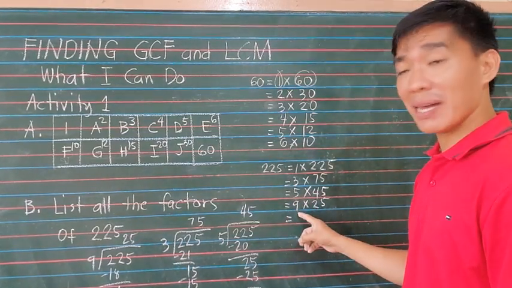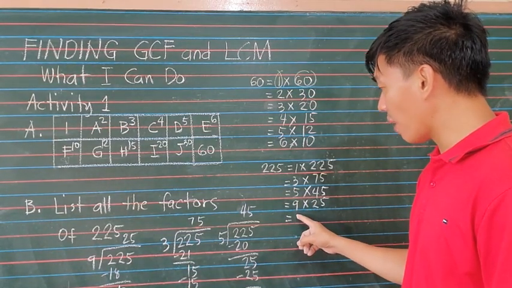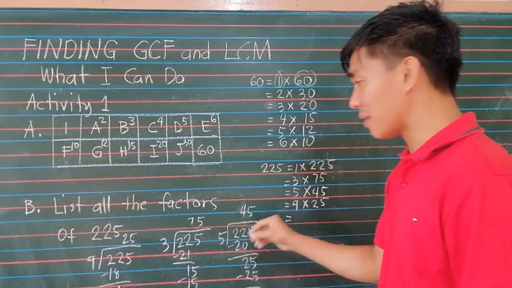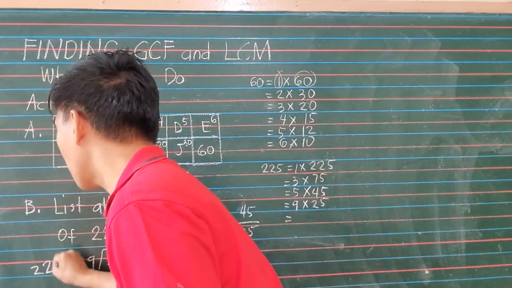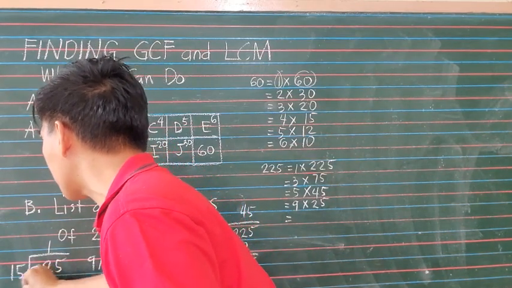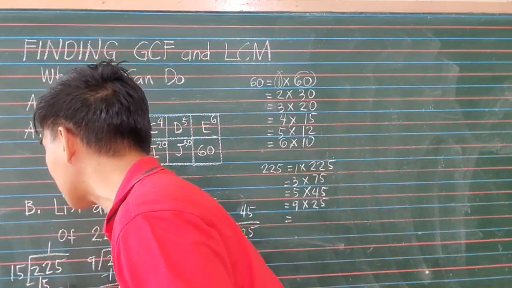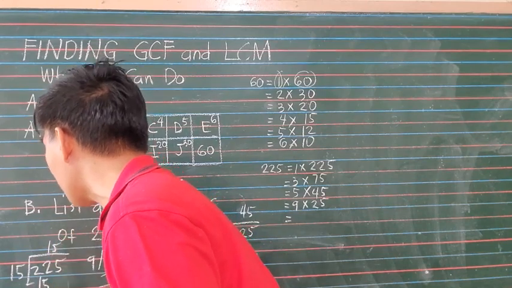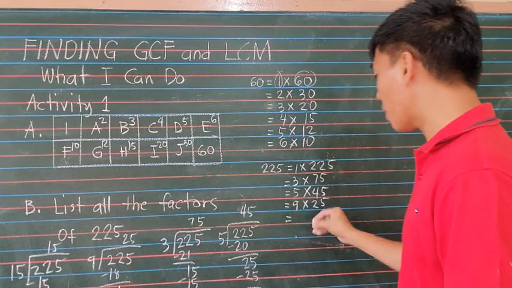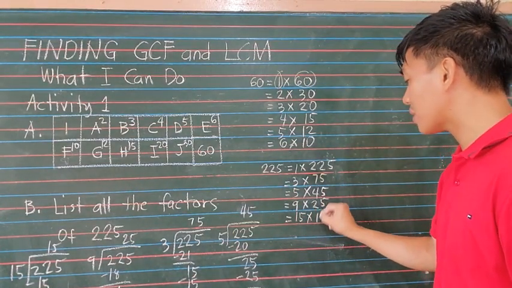Of course, not by 11, not by 12, 13, 14, and 15. I think this is divisible by 15 because 225 divided by 15, that is equal to 1, 15, subtract that, it's 75, that's 5, that's 75, that's 0. So therefore, that is 15 times 15.